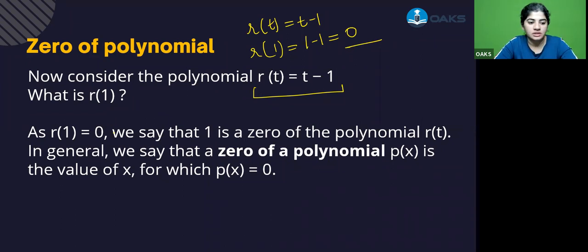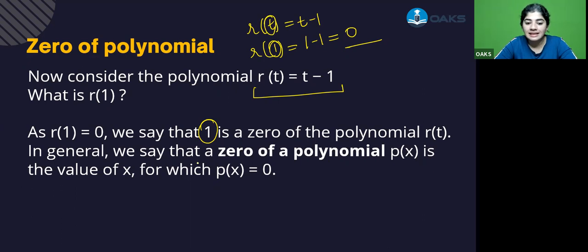Just listen to me first. As r(1) is equal to 0, we say that 1 is a 0 of the polynomial, because it is bringing the value of the polynomial as 0. So we can say that 1, the value of t we put here, is a 0 of the polynomial.